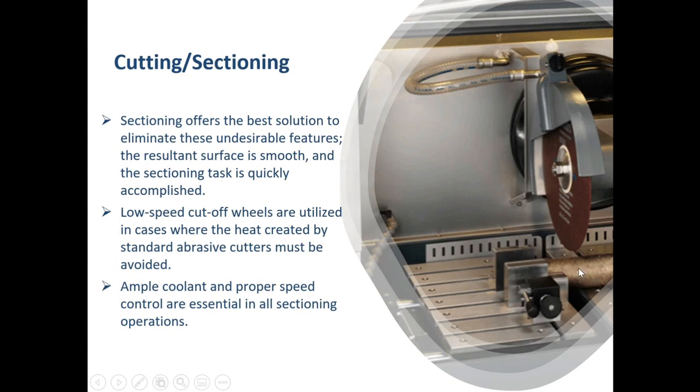So to avoid a change in the composition of that material, we have to use low speed cutoff wheels. Also, to reduce the heat created, we have to use an ample amount of coolant, and proper speed control is essential in all sectioning operations.